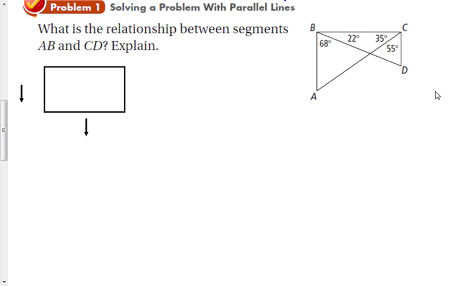All right, I'm going to do a flow proof of this. What we're going to show is that segment AB is parallel to segment CD, and it goes like this. We know from the diagram that the measure of angle BCD plus the measure of angle DBC is equal to the measure of angle ABC.